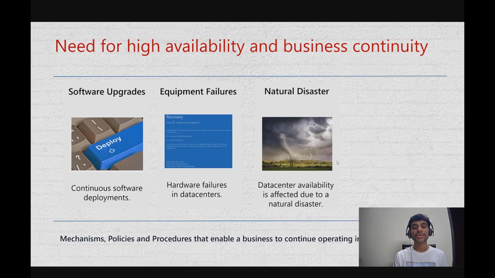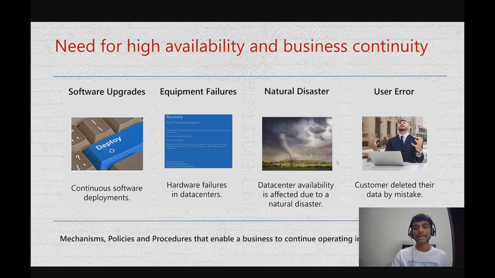In those situations, you might look for resiliency at a zone level, where you want a different zone which is physically separate from the first zone to take over if the first zone is lost. And towards the end, there's also the possibility that many user errors happen along the way. So you need to make sure that if things go wrong or if there is any user error, you have a way to recover and restore your data.